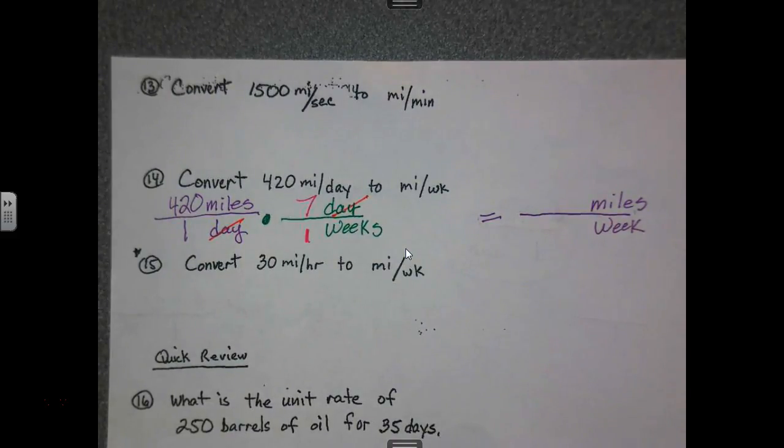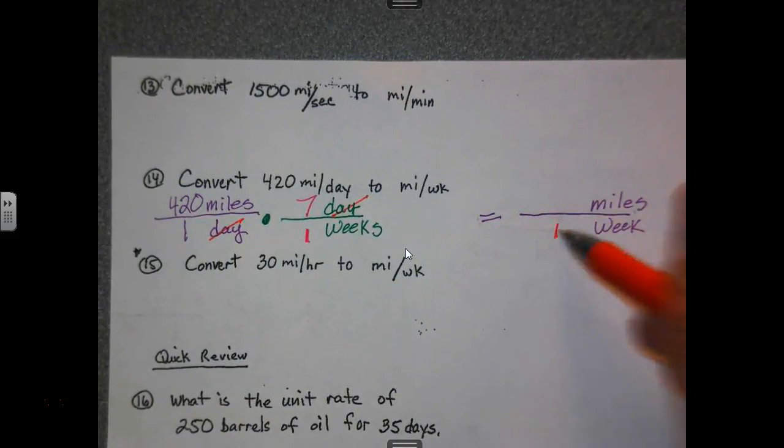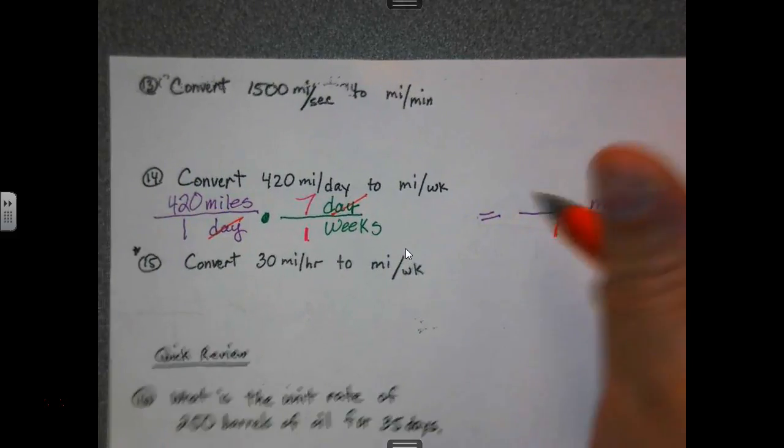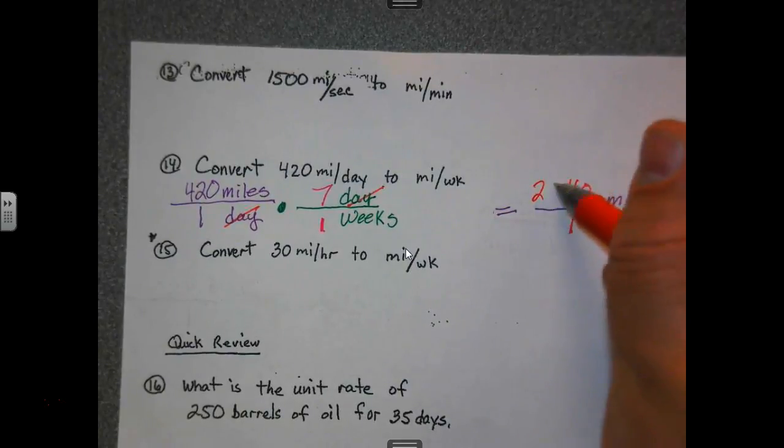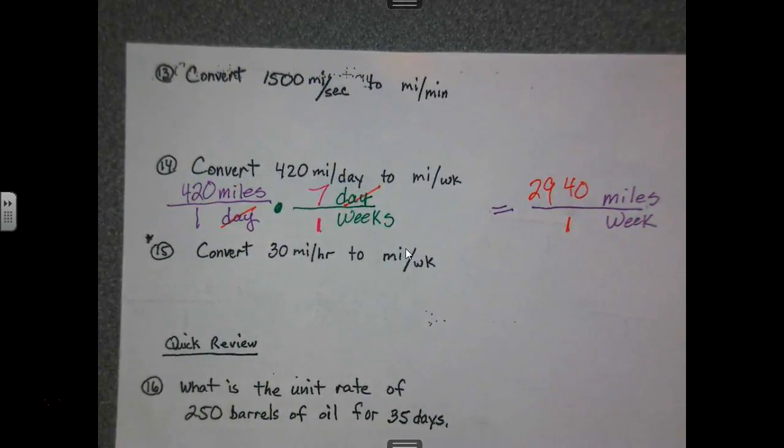See, I've got my unit rate already. 7 times 420. 2940 miles in a week. Driving.